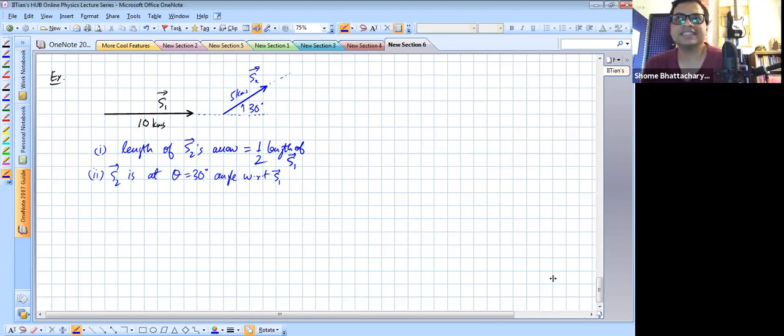And vector C equal to 25 units at 30 degrees north of west. Okay. So I'm repeating, vector C equal to 25 units at 30 degrees north of west.